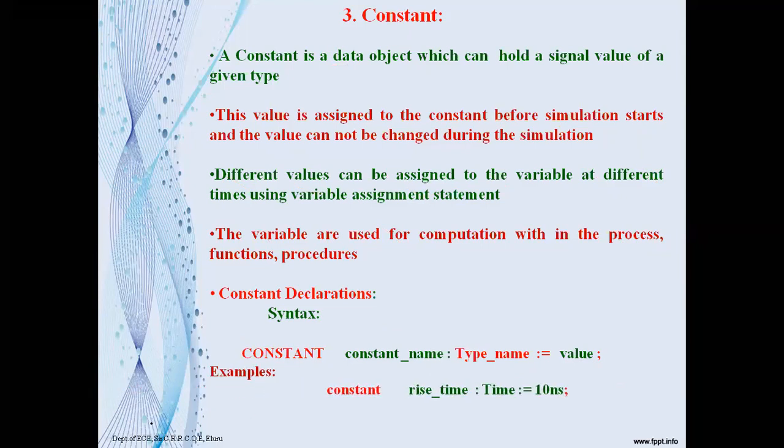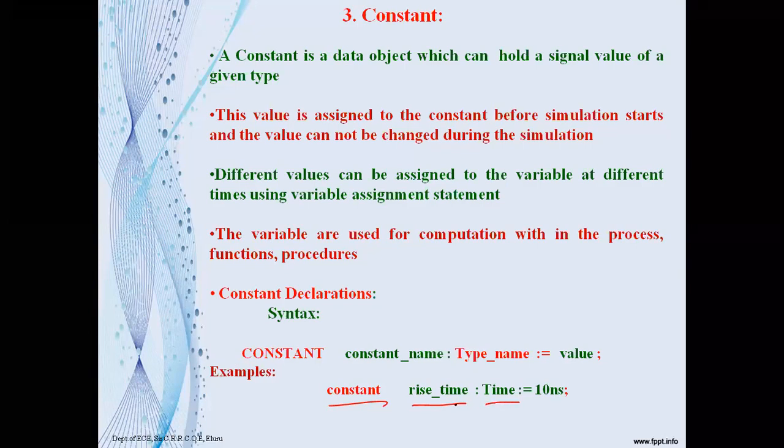So see the example here. Constant is a data object and the user identifier that we have given is rise time. So now the rise time is a constant, and the type of the rise time is time.